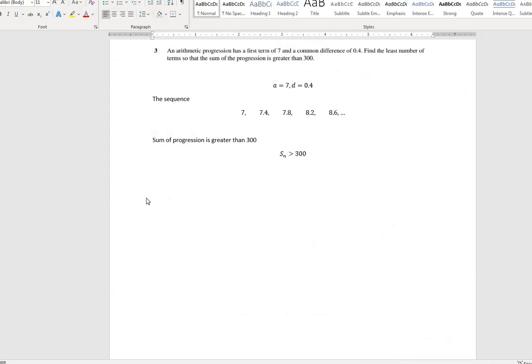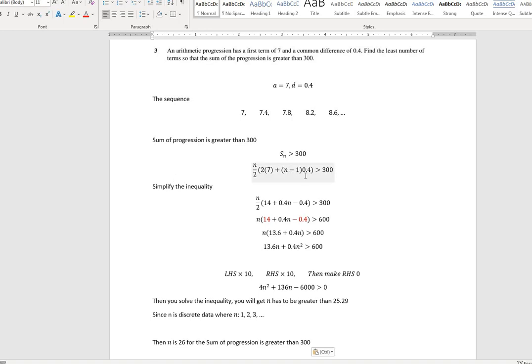We apply the formula of the sum of an arithmetic progression, and we get this part. Just apply the formula here, where a is 7 and d is 0.4, and let's simplify the inequality as being shown here. You may pause the video if you need to.